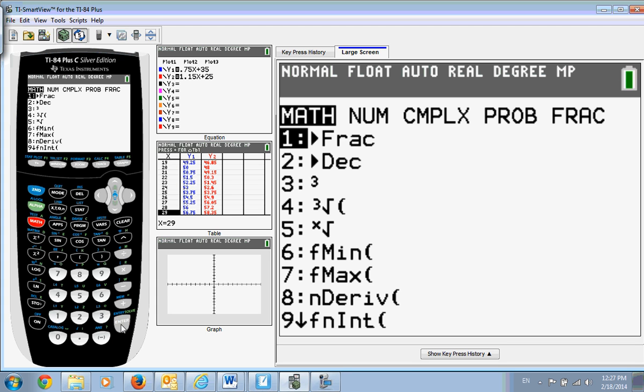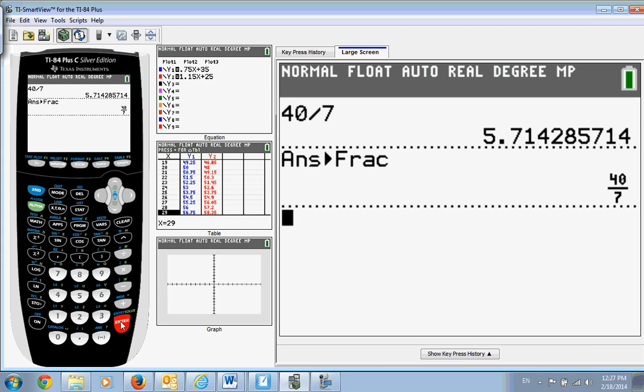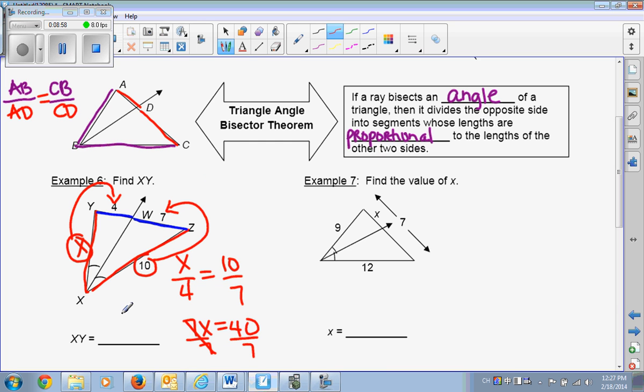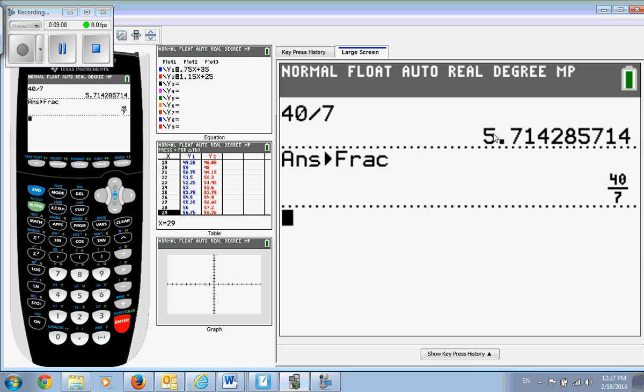Math, enter, enter on our calculator. 40 over 7. It doesn't reduce any more than that. Okay, so x equals 40 over 7, or we could have left it and rounded to 2 decimal places, which was 5.71.